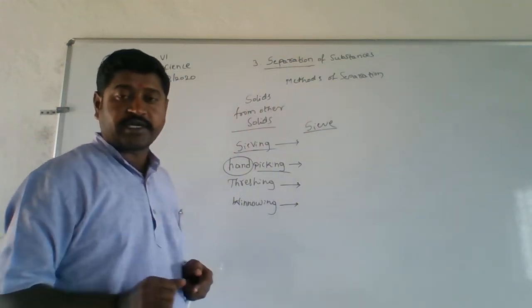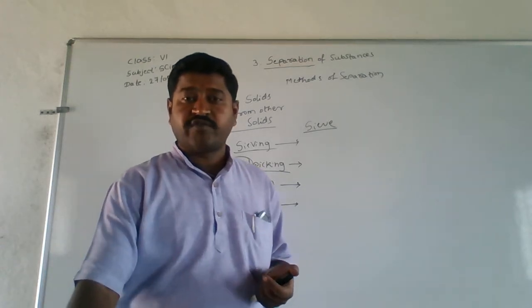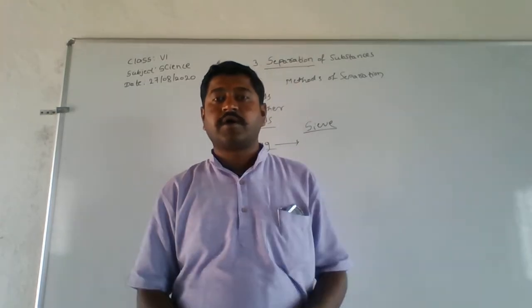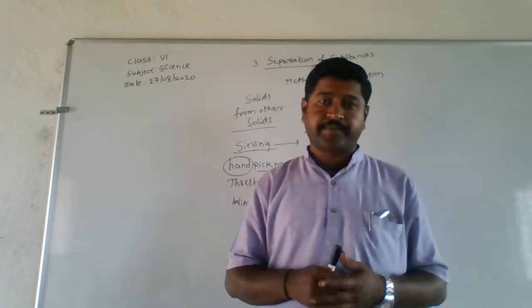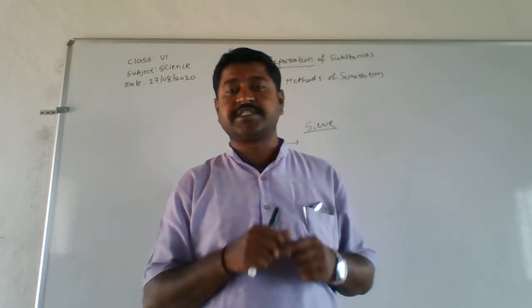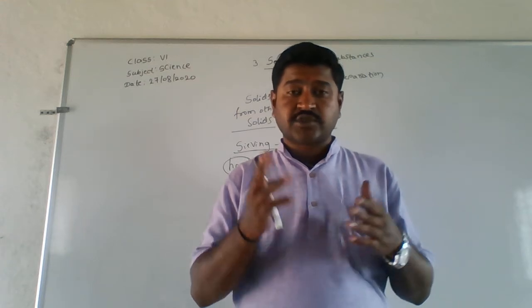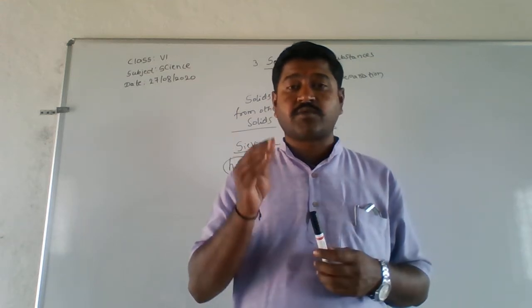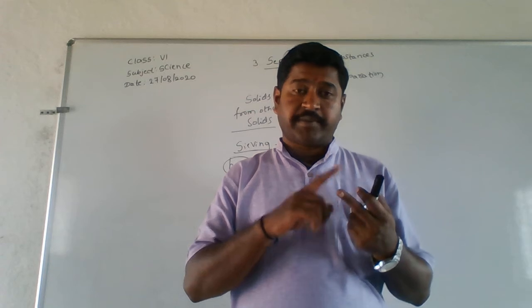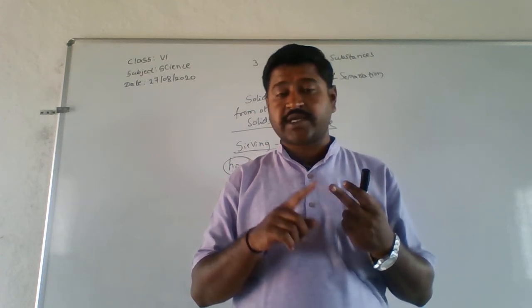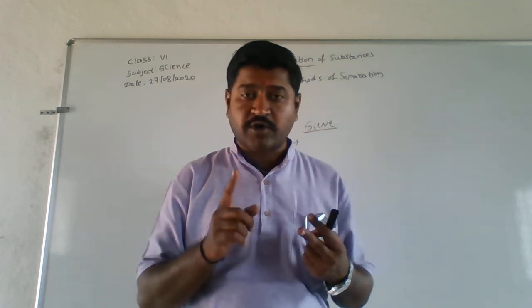Alright. Then to activity 4. What we'll do, we'll take some paper and some cardboard sheet. Paper as well as cardboard sheet is going to be made into small pieces. Papers are going to be small pieces, and cardboard pieces are also going to be small pieces.